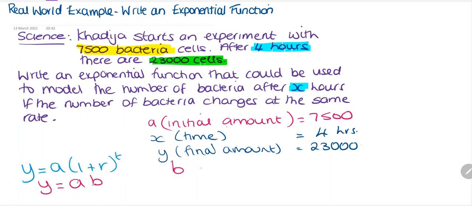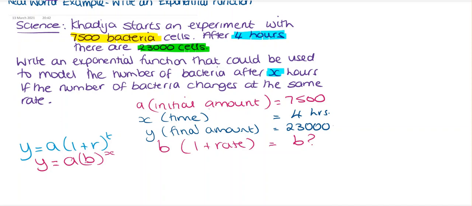So B, this is our 1 plus our rate in decimal, and we don't know this value. And this is going to be to the power, so our B value is to the power of the number of years, and in our case it is X. So we're going to substitute in the values.